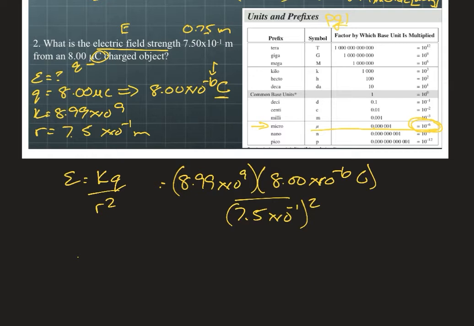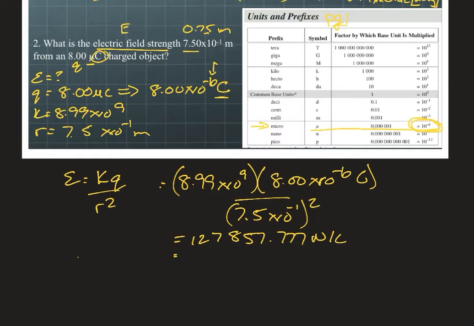So if you do everything correctly, you are going to get a fairly large number. These electric fields are quite powerful. So if the calculator and I are working properly, you should get just over 127,000. And if you write out the rest, this is going to be in newtons per coulomb. Again, we're going to tidy this up if at all possible.